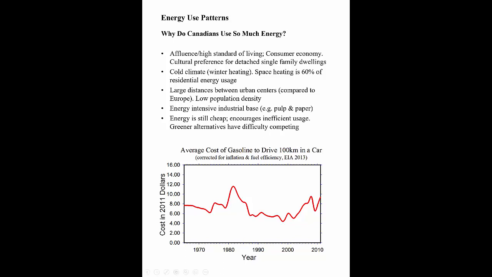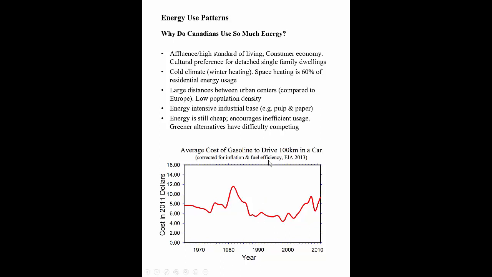And I created a graph here. I did this a few years ago. This is the cost of gasoline to drive 100 kilometers in a car, going all the way back to almost the 1960s to not quite present time. I did this in 2013, I think. So I looked up the cost of gasoline over time. I looked up the fuel efficiency of the vehicles.